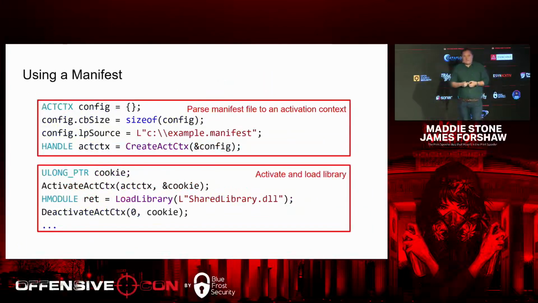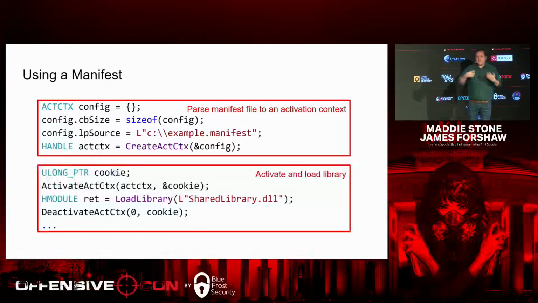So how is this actually used in practice? Well, Windows provides a set of APIs to create something called an activation context. An activation context is a binary structure which contains information about dependencies associated with these manifest files. So for example, you can call the create activation context API, pass it the path to one of these XML manifest files, and it will do some parsing of the XML and construct this binary structure for you, and return you a handle.